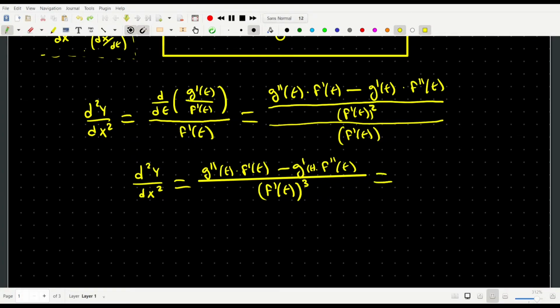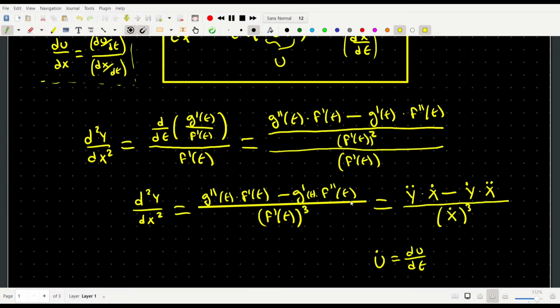Or put into a slightly simplified formula, g prime prime is going to be y dot dot times x dot minus y dot times x dot dot, divided by x dot cubed, where this dot notation I'm using just to denote the t derivative of the quantity.